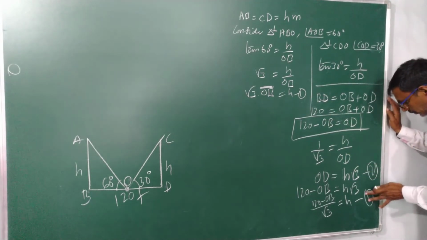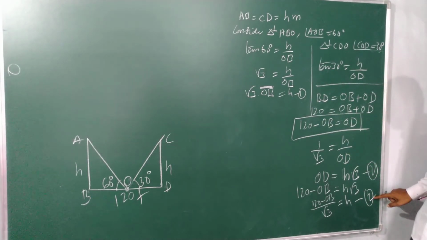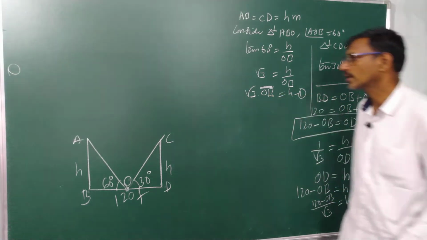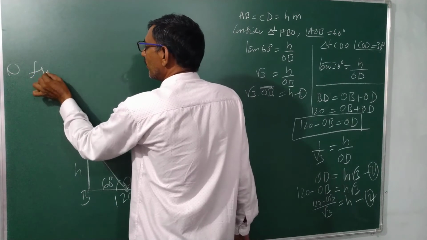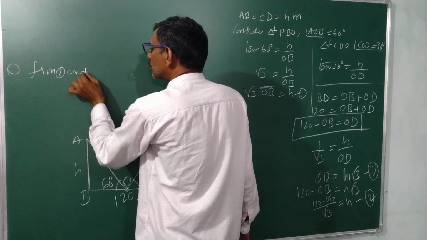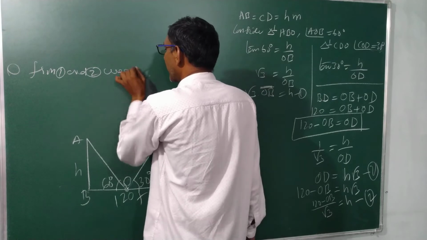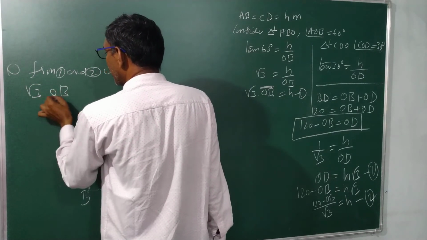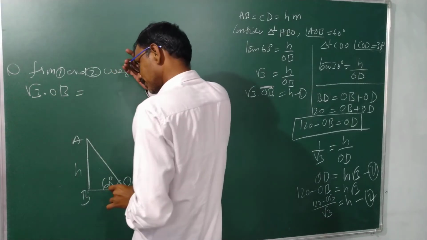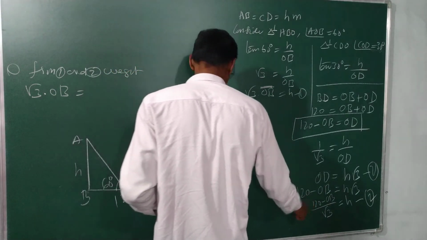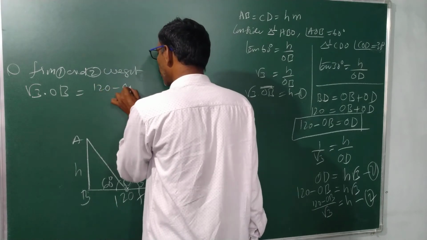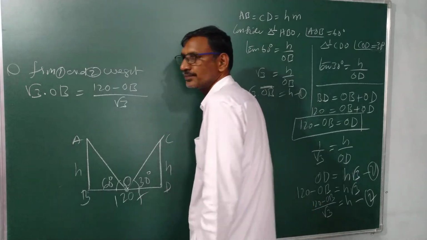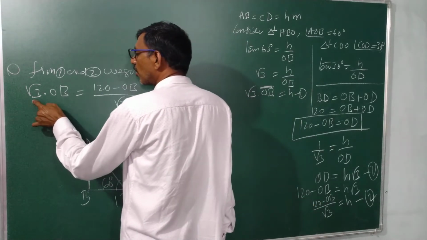From 1 and 2, this and this are equal. From 1 and 2, we get root 3 into OB equals (120 minus OB) divided by root 3. This is dividing, so it will go this side.